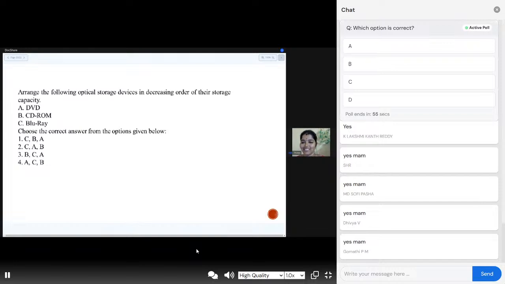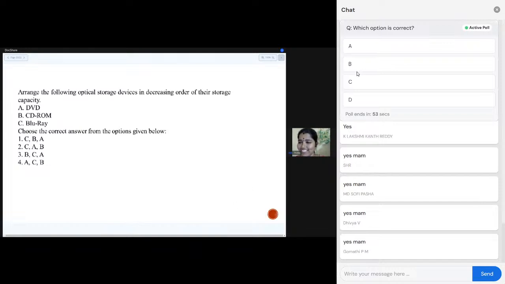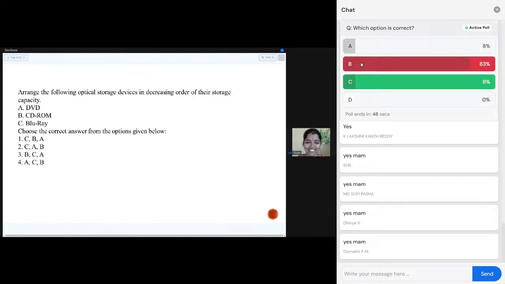Yes, it's B. Oh, after seeing the answer also, I'm getting only 83%, 84. Yes, right. See, this is about memory capacity.